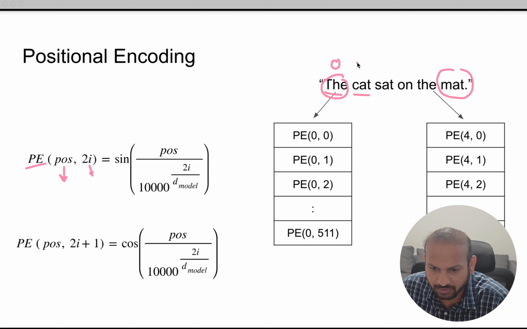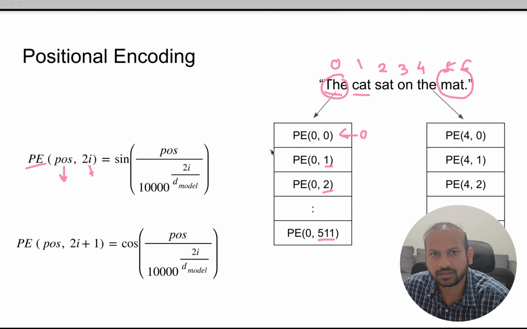So the position starts from 0, 1, 2, 3, 4, 5, and 6. And the index means, in this vector, this is index 0, this is index 1, second index, and this is 511 because the size is 512.